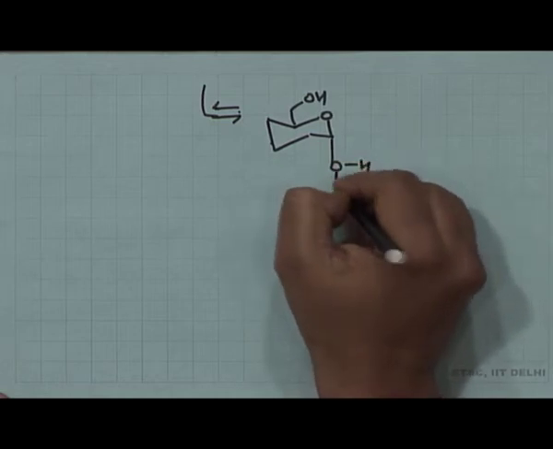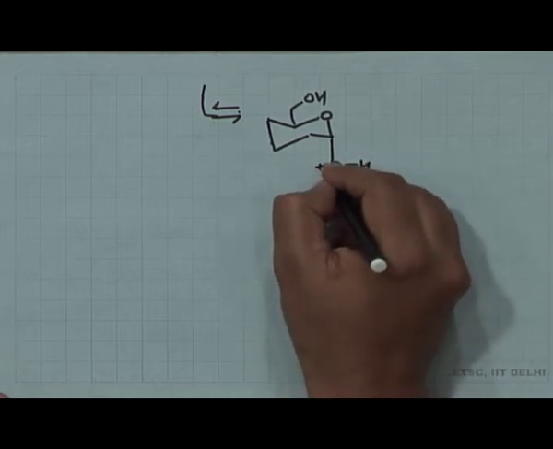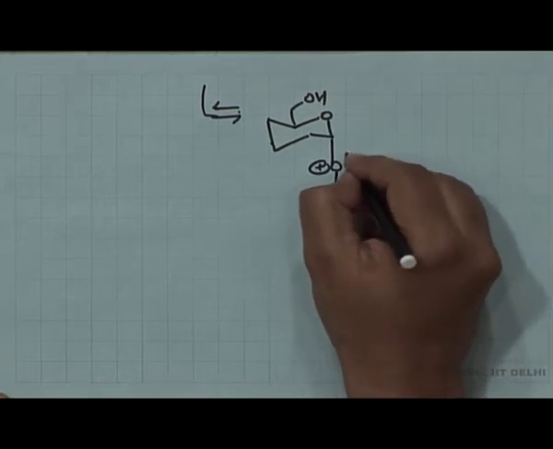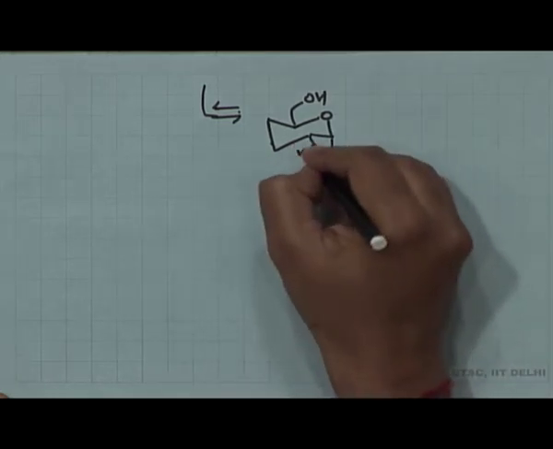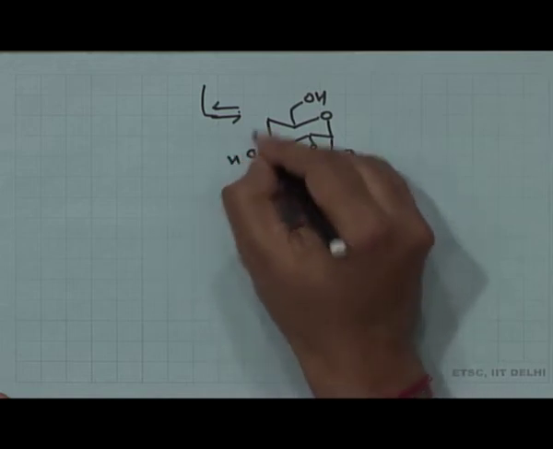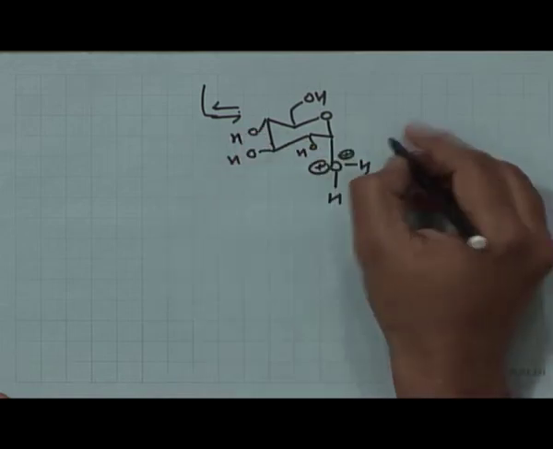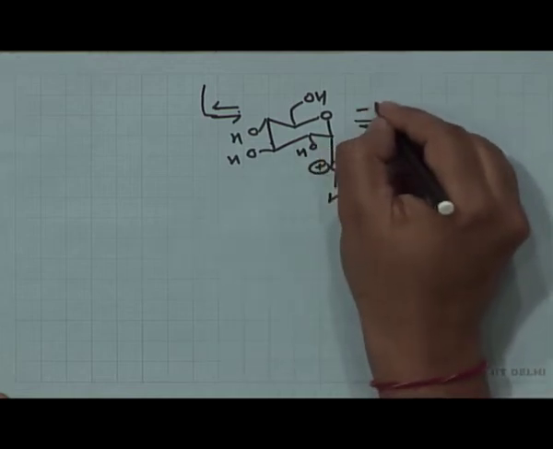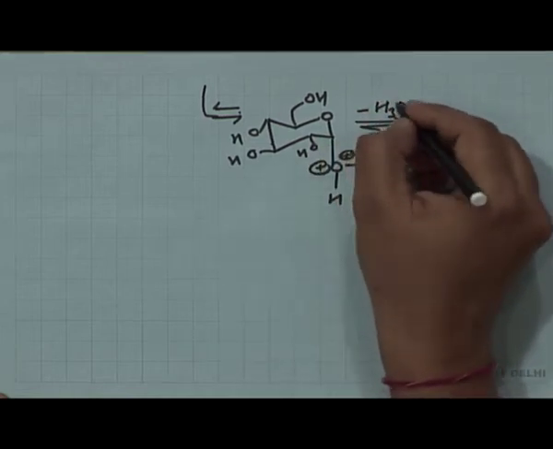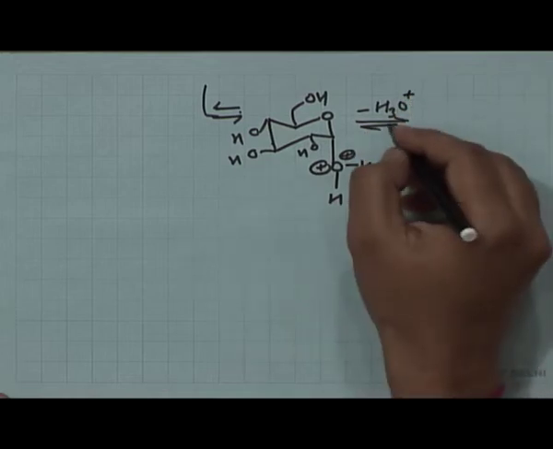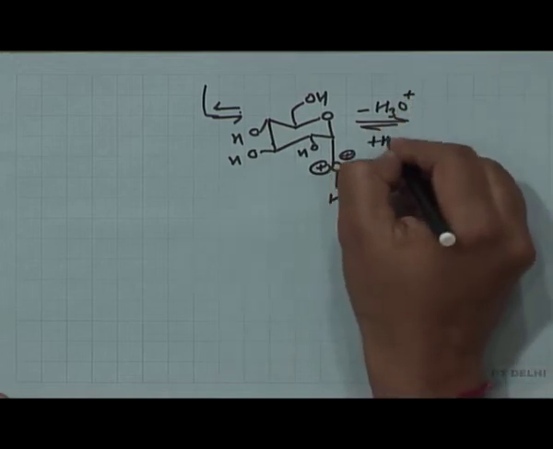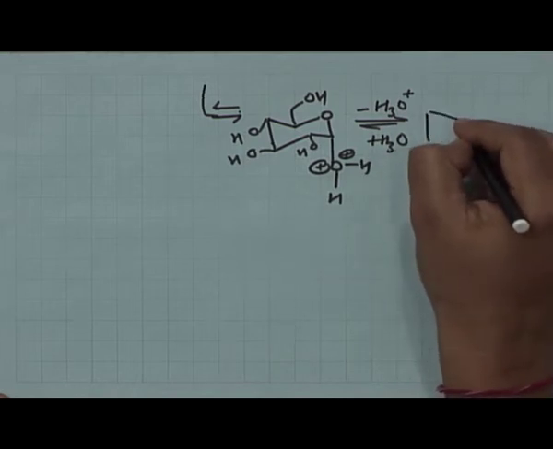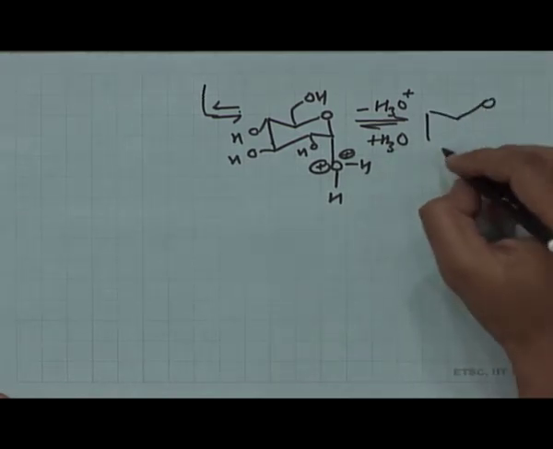In a similar way, first it will give the corresponding protonated species, and that will further get processed for the removal of H plus to give the alpha D glucopyranose.